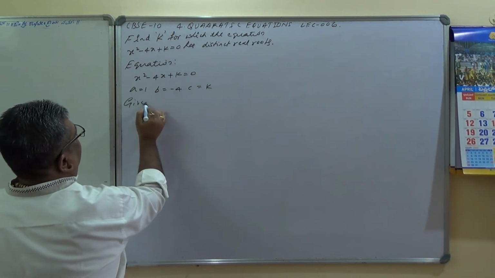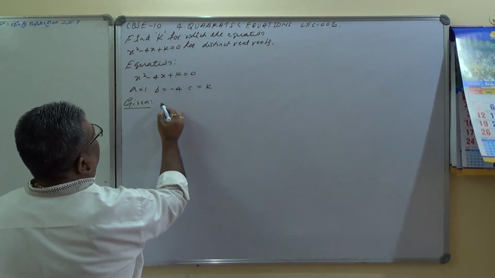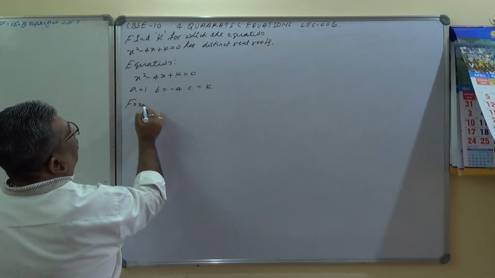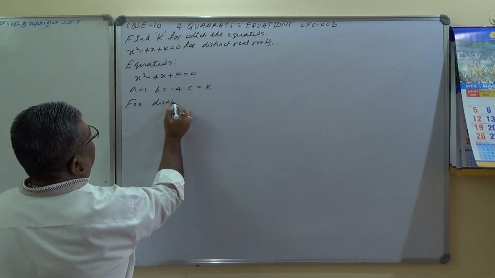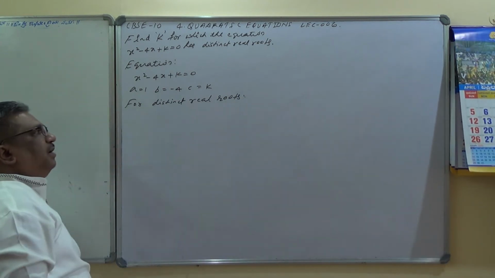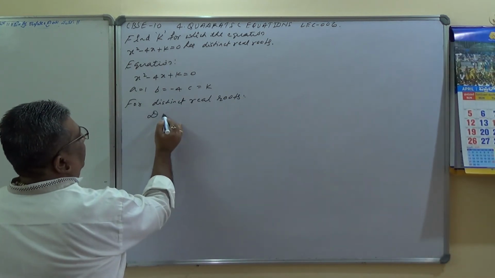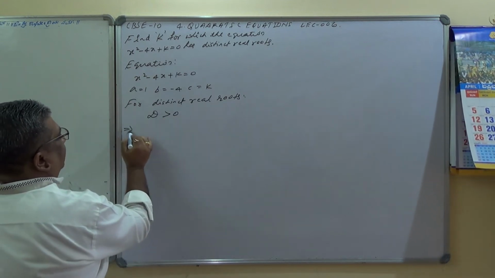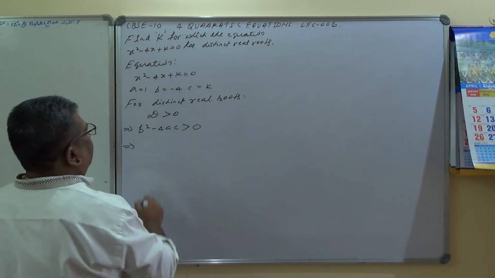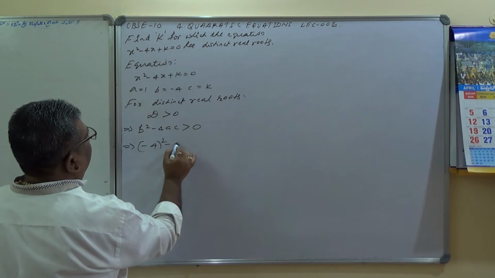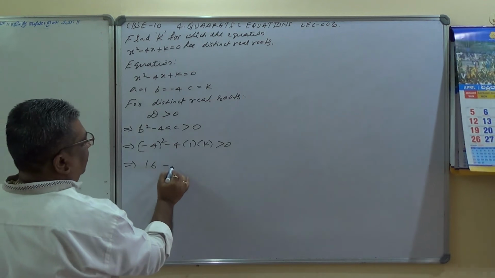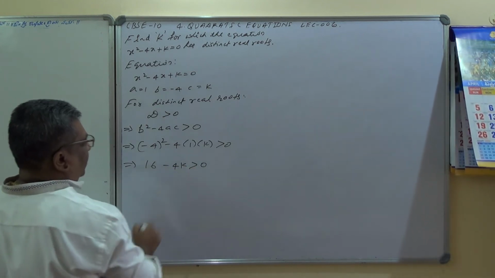Given the equation has distinct real roots, D should be greater than 0. Substitute the values. Implies 16 minus 4k greater than 0.